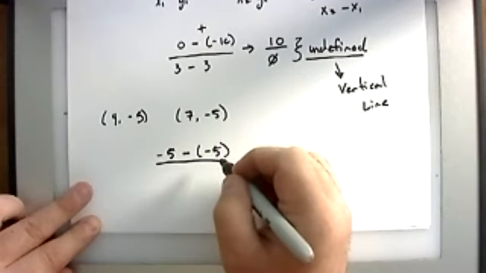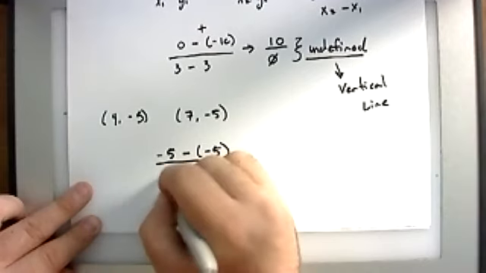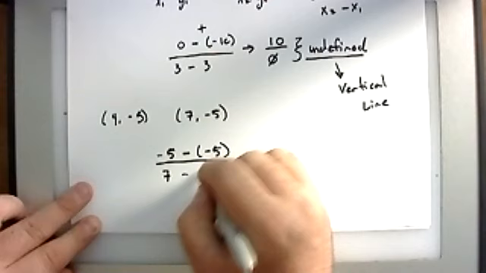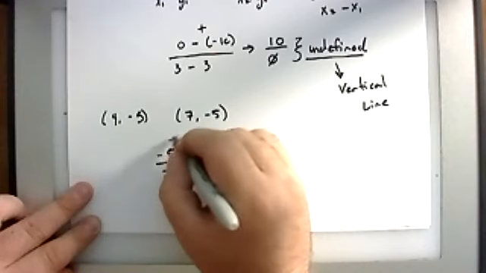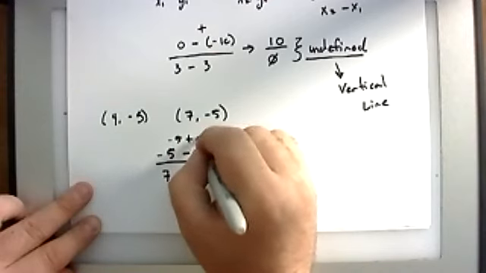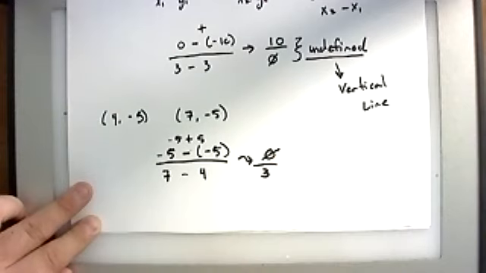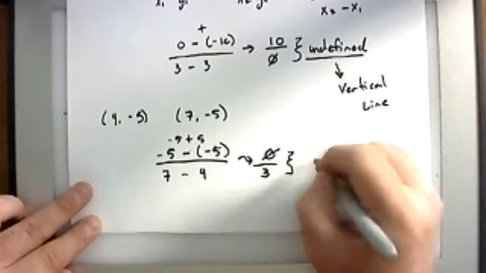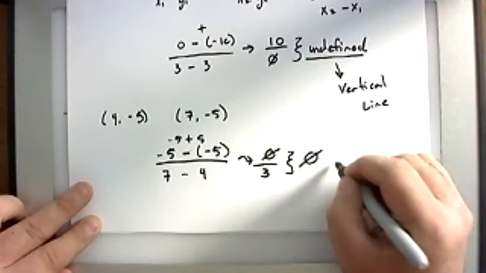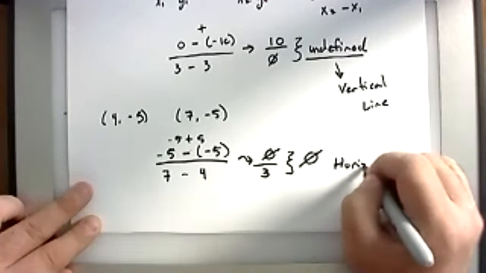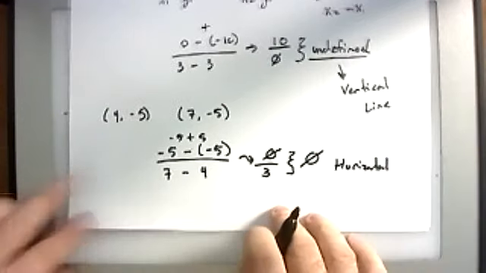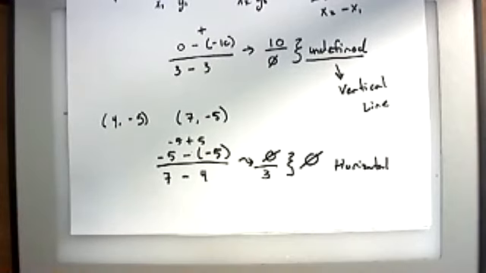Watch out for those double signs. x2, 7, minus x1, 4. -5 minus minus, that's +5. -5 plus 5 is 0. And 7 minus 4 is 3. Again, this is not the answer because 0 divided by 3 can be simplified to 0, which would make this horizontal. So be careful. You still have to remember your vertical, your horizontal, your undefined, your 0, stuff like that.